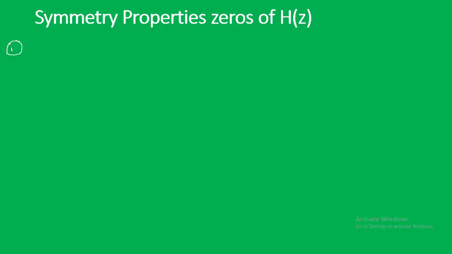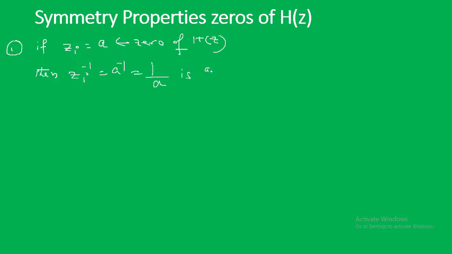So the first property: we can say if zi is a zero of h of z, say a is a zero of h of z, then zi inverse, which is a inverse, which is 1 by a, is also a zero of h of z.